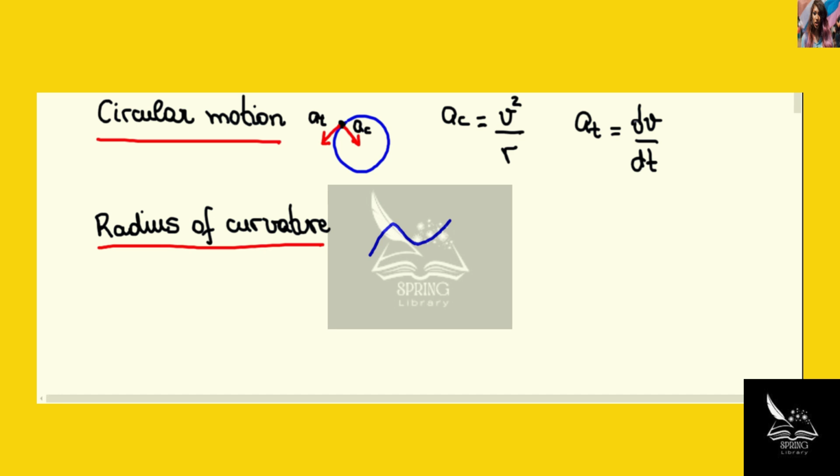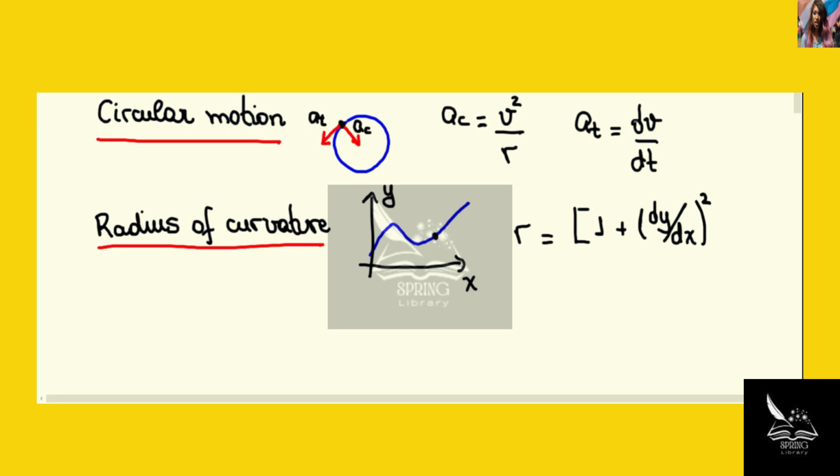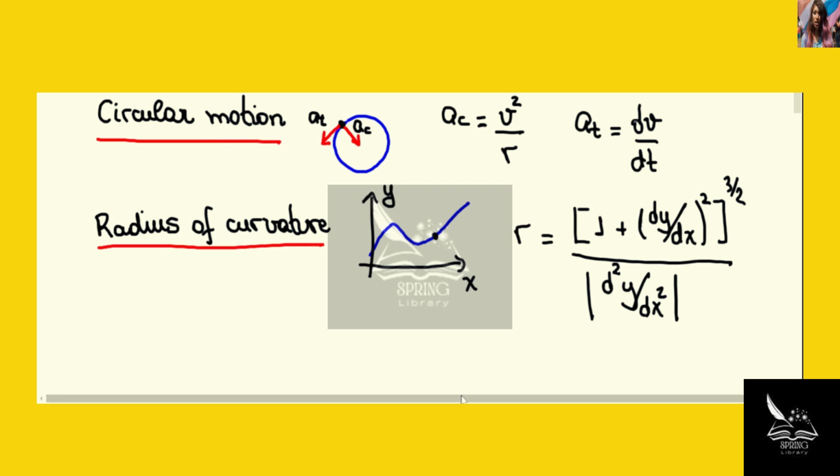Now, given an arbitrary curve, such that we have the expression for y as a function of x, we can find the radius of curvature of the curve at any point to be equal to 1 plus the derivative of y with respect to x squared, to the 3 halves, divided by the magnitude of d2y dx2.